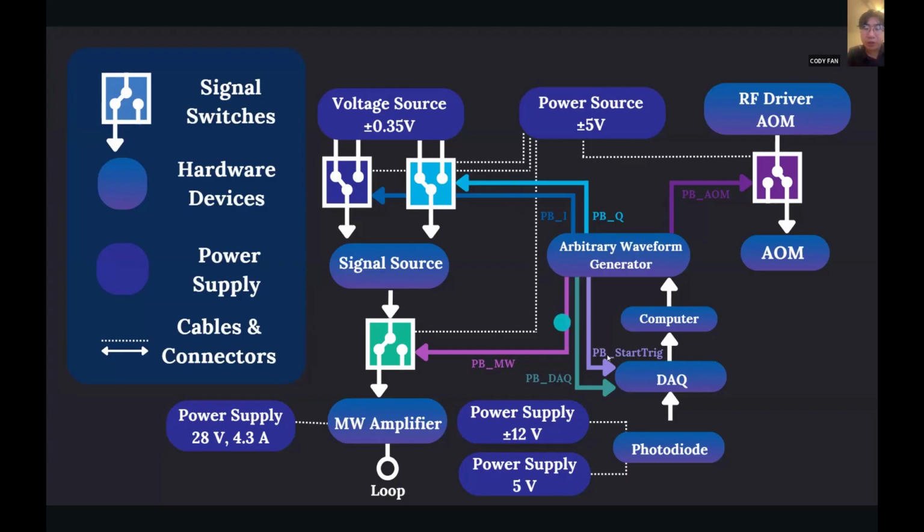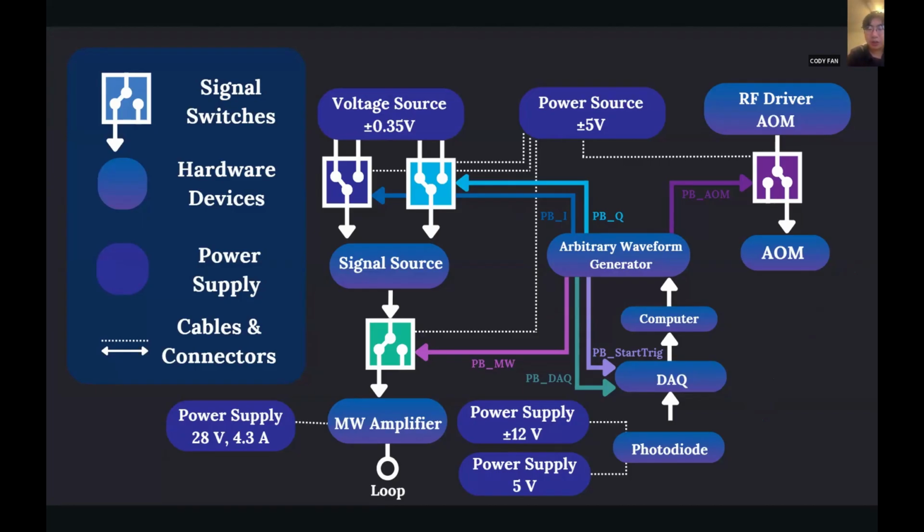And then of course you need a computer to control your arbitrary waveform generator, right? What that does is it generates an arbitrary sine curve or flat top Gaussian, some shape, for the signal at a certain frequency.